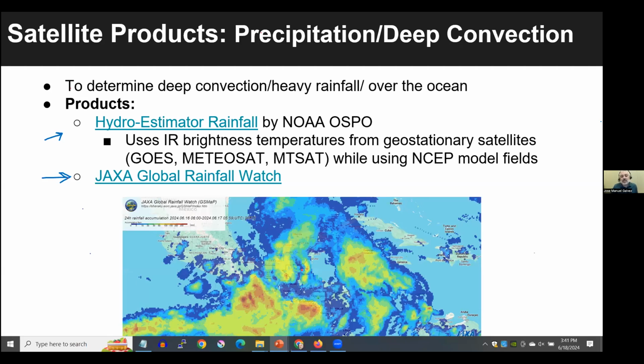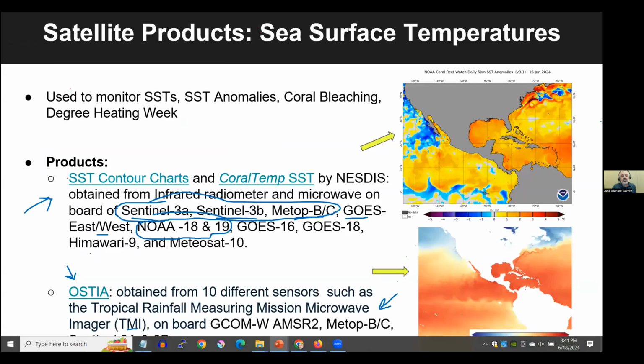The key message is that a lot of this information is derived from many satellites. Polar satellites are crucial for this, also for initialization of numerical models. But once you want to verify that an event is occurring, geostationary data could also be helpful.